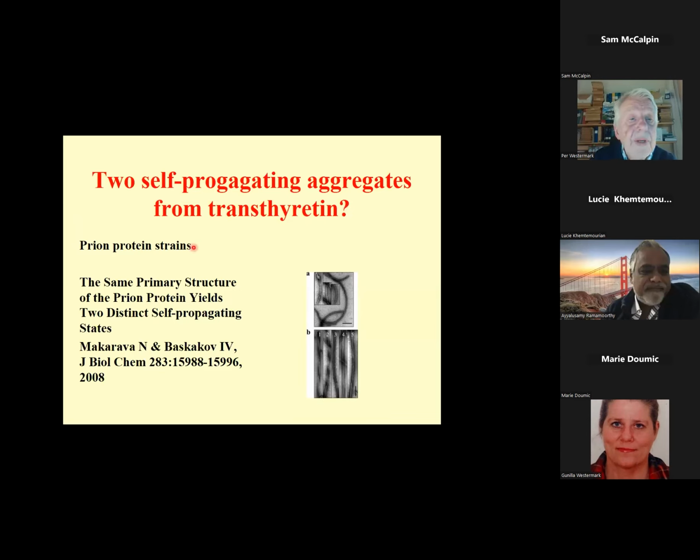This has been shown for prion protein, that the same prion protein can yield distinct self-propagating states shown in vitro, which can also explain the differences between the different strains. And this has also been shown for A beta, actually.